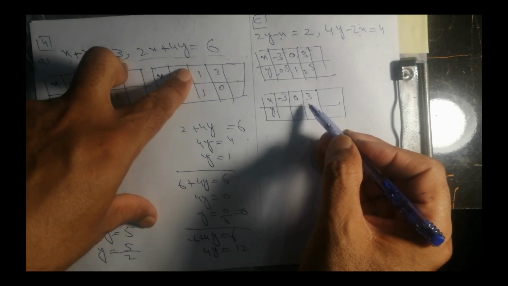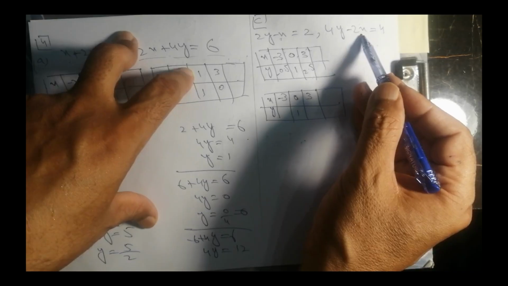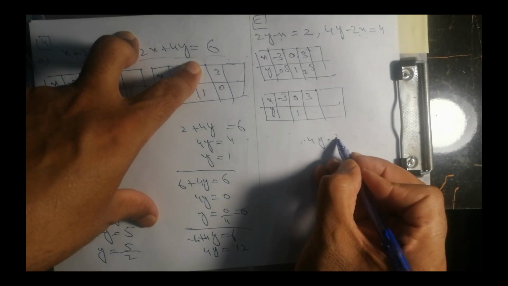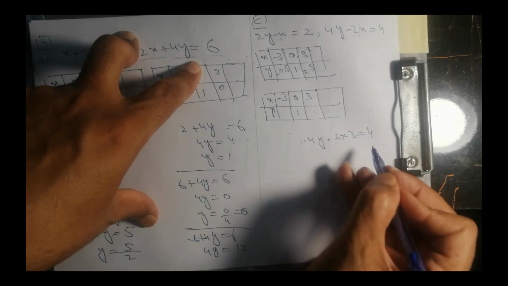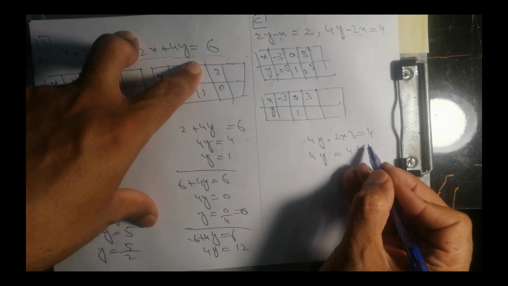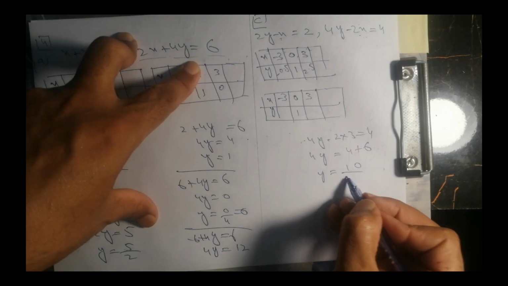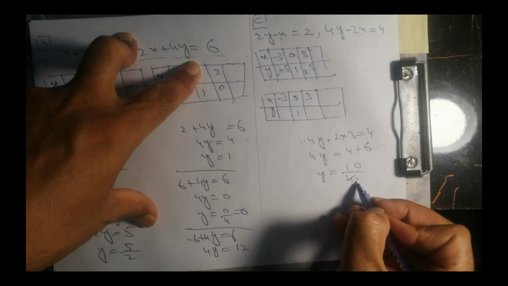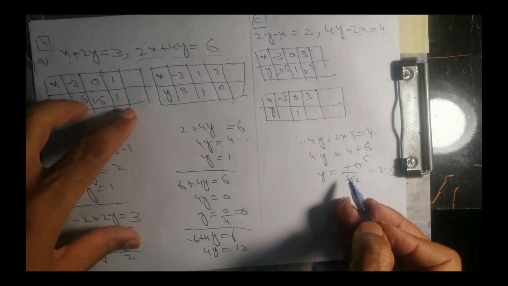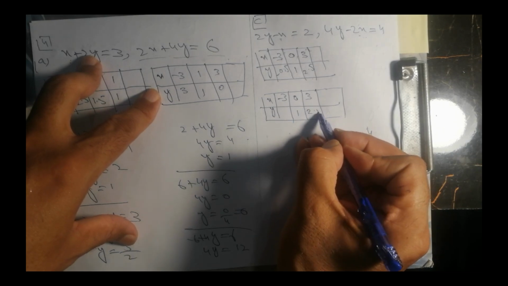When x is equal to 3, for example, 4y minus 2 into 3 equal to 4, so 4y equal to 4 plus 6, 10. y equal to 10 by 4, which is 2.5. So we put value 3, and this is 2.5.